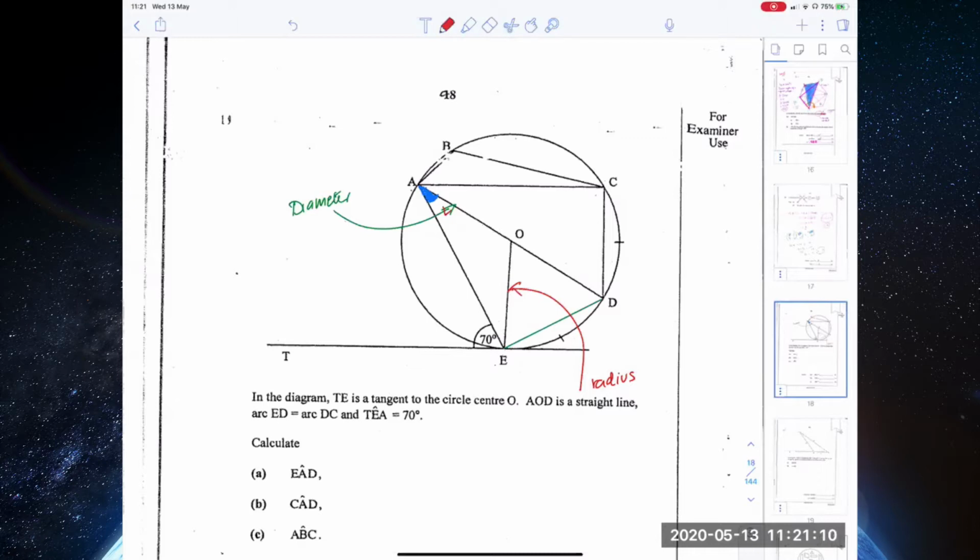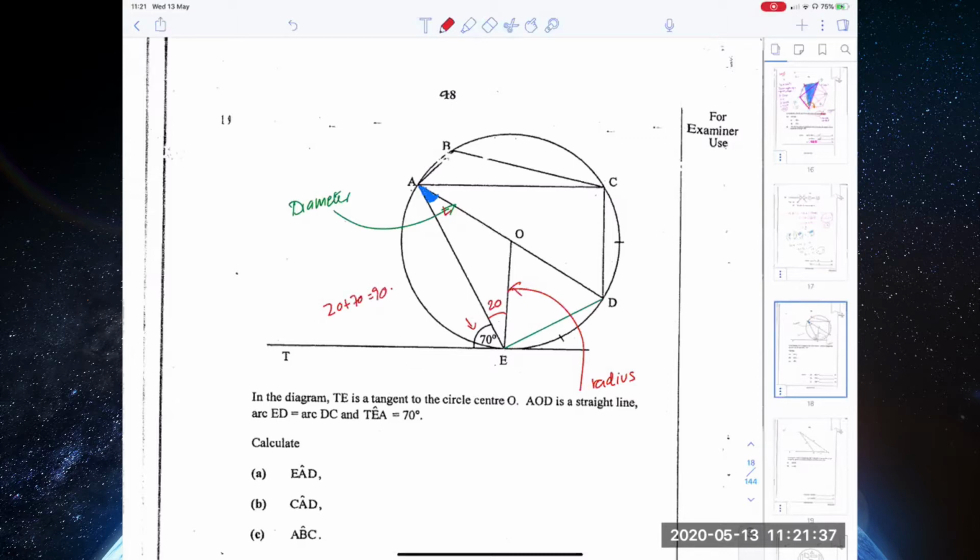So if it's a right angle and this is already 70, what angle is that? 20. 20, well done. Because 20 plus 70 is 90, isn't it? 20 plus 70 equals 90.